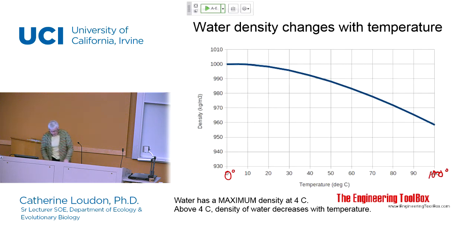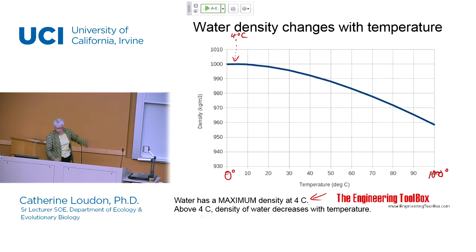On the y-axis here we have density in terms of mass per unit volume. There's overall a decrease in density with increasing temperature, but there is a maximum at 4 degrees centigrade. That's about right here, and that's where the maximum is.